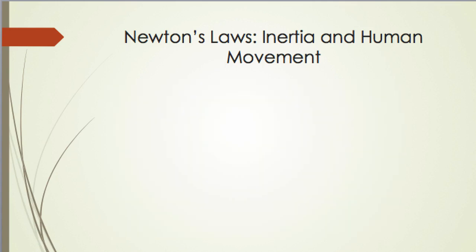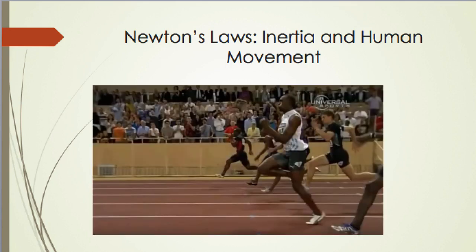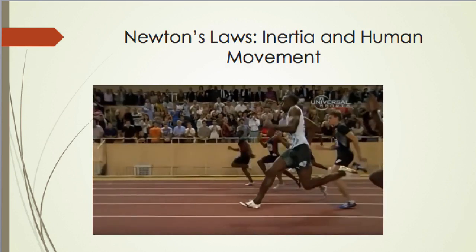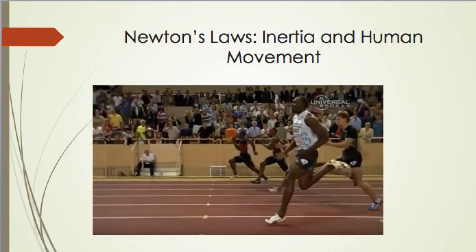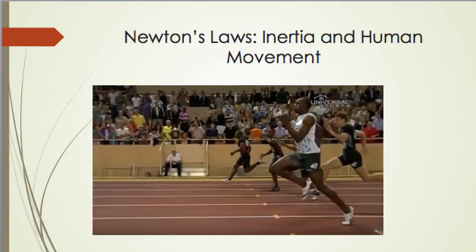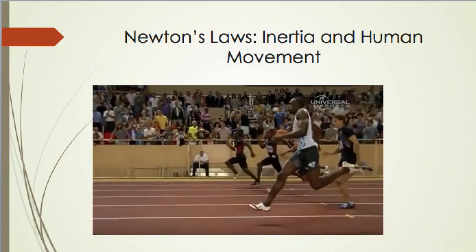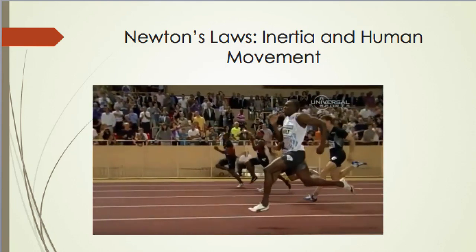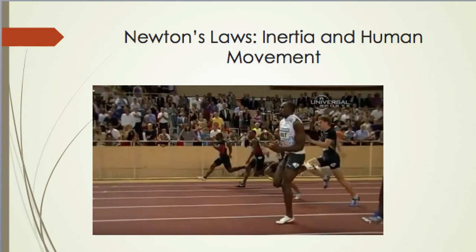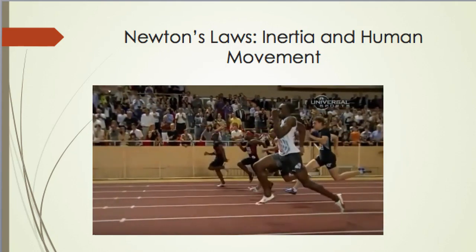Compare that to the greatest sprinter probably of all time, Usain Bolt. So let's take a look at this video. Notice how quickly he gets his lower extremity into the minimum mass moment of inertia position. By the time his knee gets just anterior to his hip, he is in full tuck position.